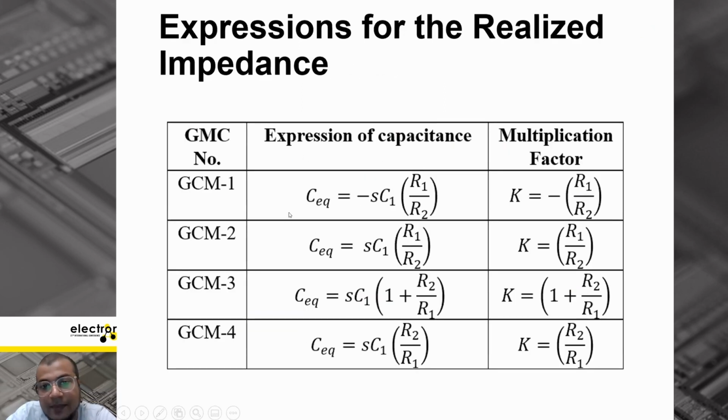The equivalent capacitance depends on R1 and R2, so by setting the ratio of R1 and R2 we set the capacitor value. C1 is the small passive capacitor that we will be using, and by selecting R1 and R2 properly, we can multiply this capacitor with a gain factor, so we can get a higher capacitor value. So the first one is negative, and the rest three are positive.